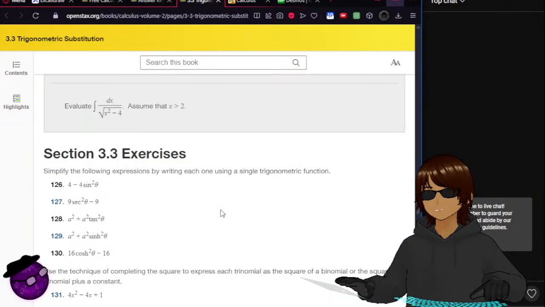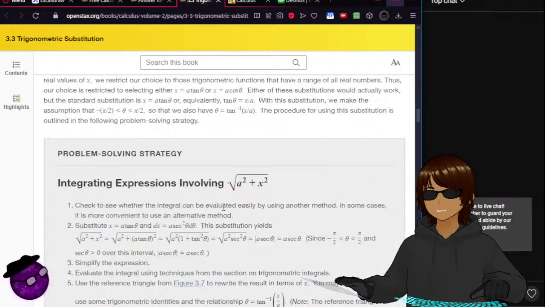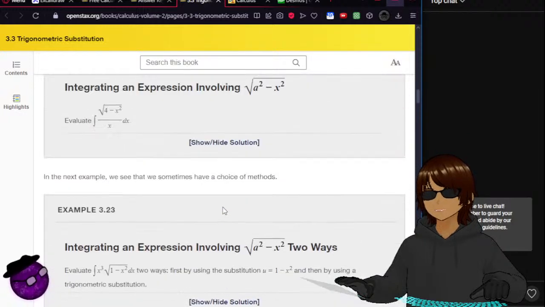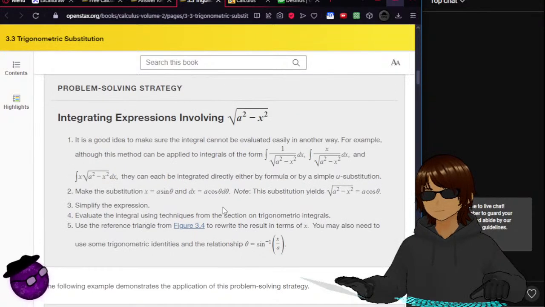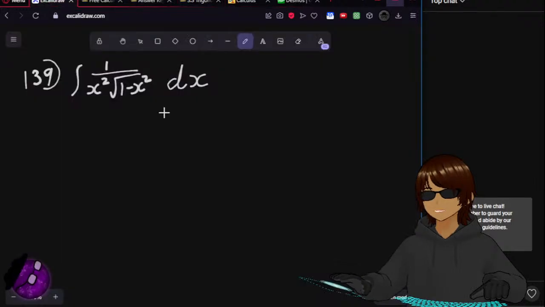When you have a case of a square minus x square, you substitute sine theta, right? Yeah, you substitute sine theta.